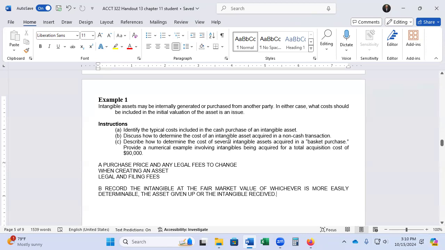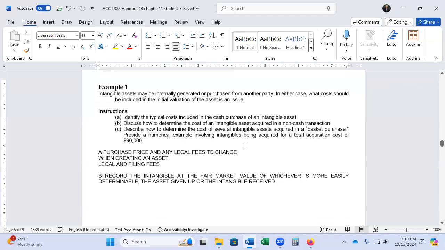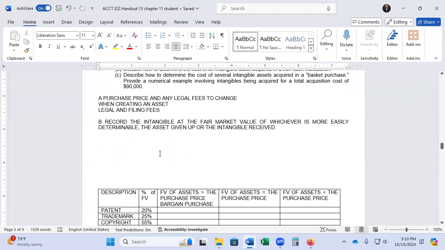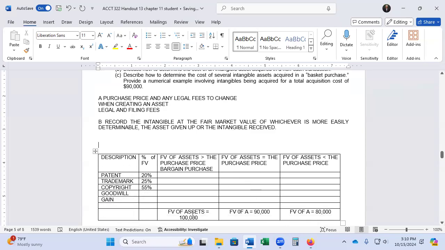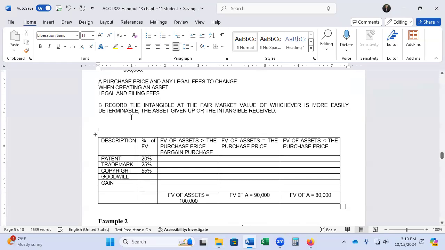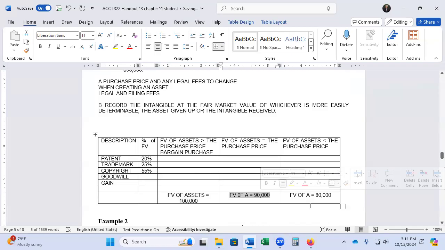Part C says, describe how to determine the cost of several intangible assets acquired in a basket purchase. Provide a numerical example involving intangibles being acquired for the total acquisition cost of $90,000. So what I've done here is created a little table, with a fair value of assets of 100,000, another of 90,000, and another of 80,000.